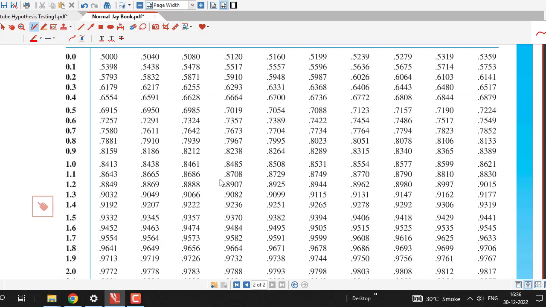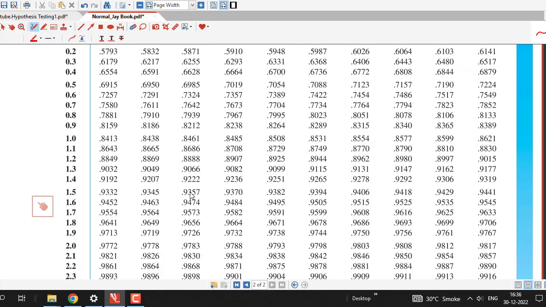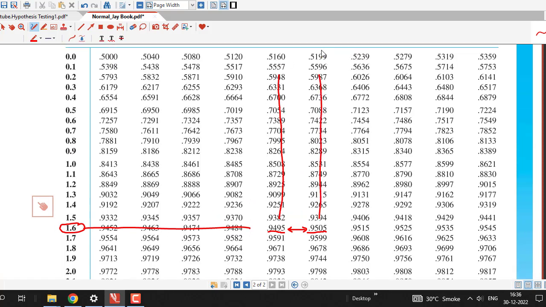So I have to search for 0.95 here. Here I have 0.9564, here 0.9505, and here I have 0.9495 and 0.9505. So these two values are near to 0.95 and they are in the row corresponding to Z equal to 1.6. So I can find the value corresponding to these two values in this column.